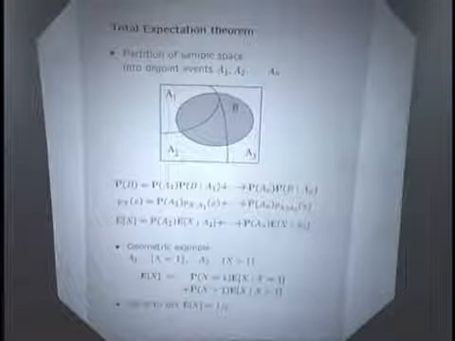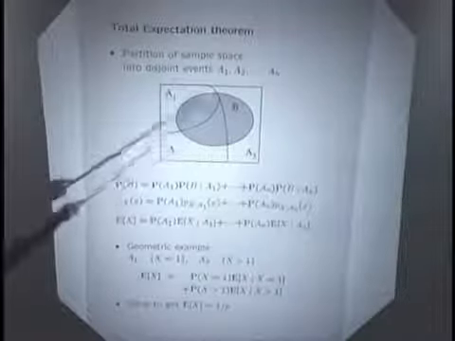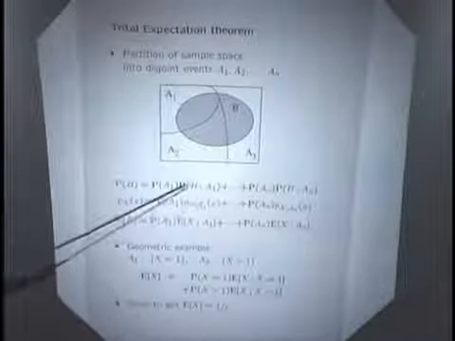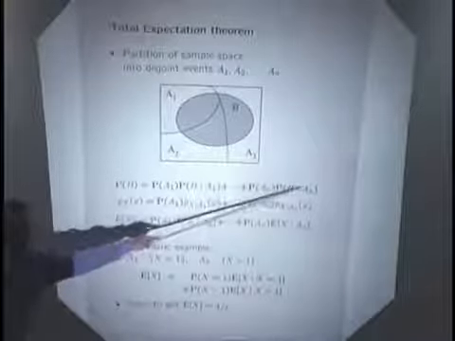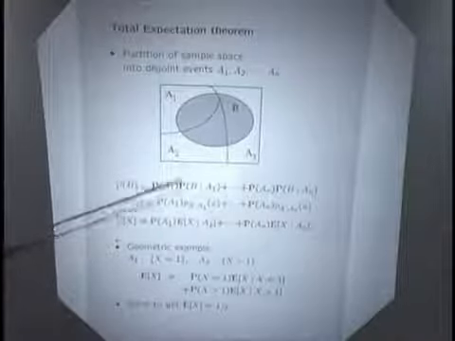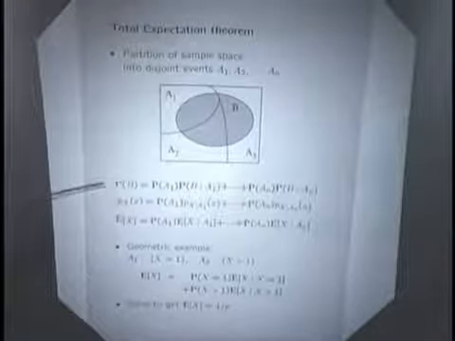And we have the total probability theorem that tells us that to find the probability of this event B, you consider the probabilities of B under each scenario, and you weigh those probabilities according to the probabilities of the different scenarios that we have. So that's a formula that we already know and have worked with.